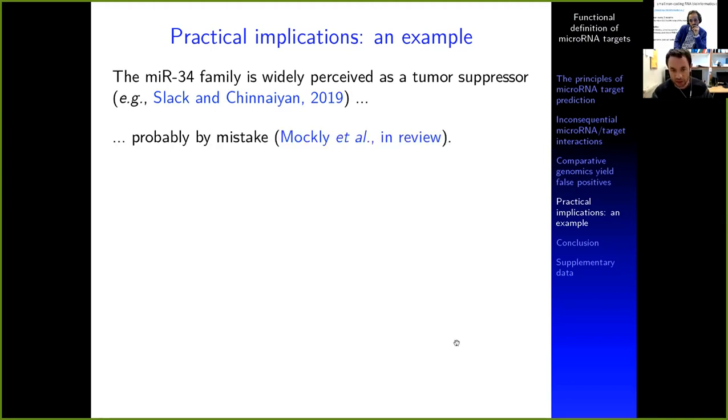We have this manuscript, Sophie, that you just heard. Sophie is the first author. The manuscript is not published yet, but it's available on bioRxiv. If you click this, you will see it. It's in review right now. We have good reasons to believe that this was mostly wrong.